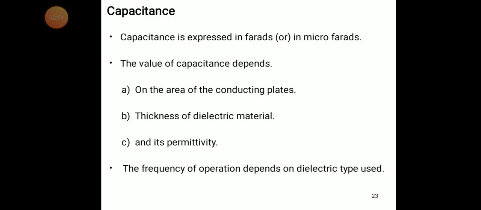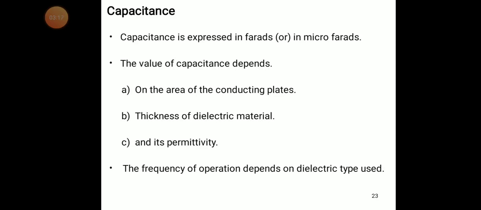These points affect the capacitance. The value is directly mentioned in microfarads or farads, but the capacitance depends on the area of the conducting plates, how much overall area they have, and the thickness of the dielectric material.